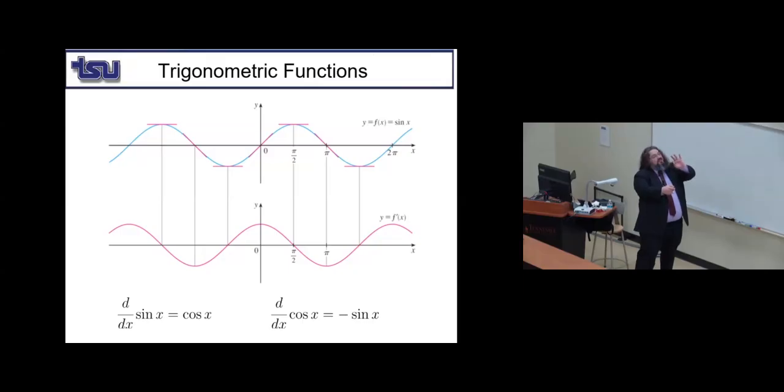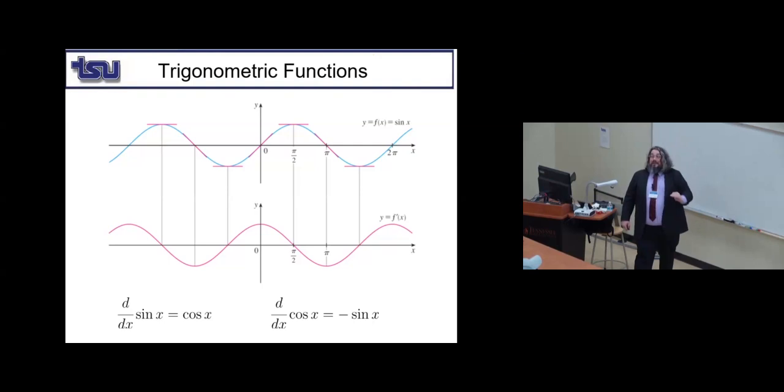A horizontal line has slope 0, and therefore its derivative function must have a value of 0 when x is pi over 2 at this peak. Similarly, when x is 3 pi over 2, the derivative must be 0, and so forth and so on with all of the other peaks and troughs. And I'm going to come back to this because remember, our whole idea here is we want to find where we get maxima or minima.